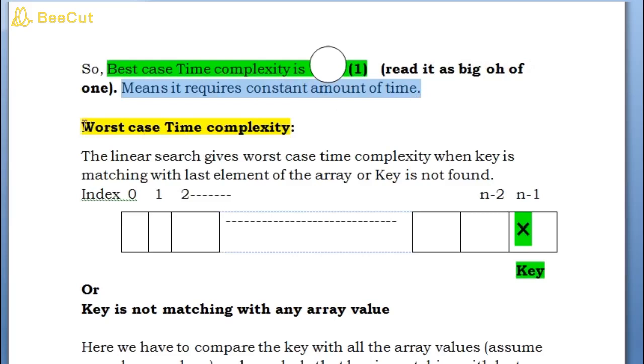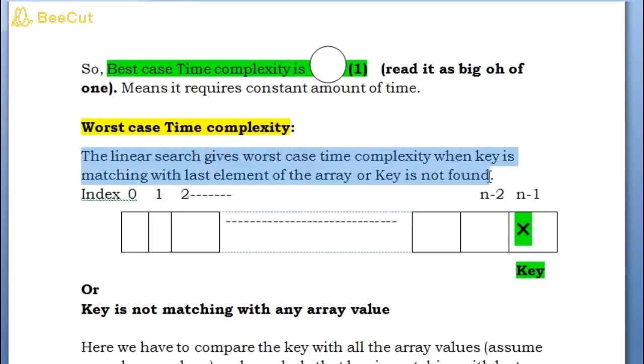Now we see what is the worst case time complexity of linear search. The linear search procedure gives worst case time complexity under two situations. One situation is when the key is matching with the last element of the array. The other situation is when the key is not found.